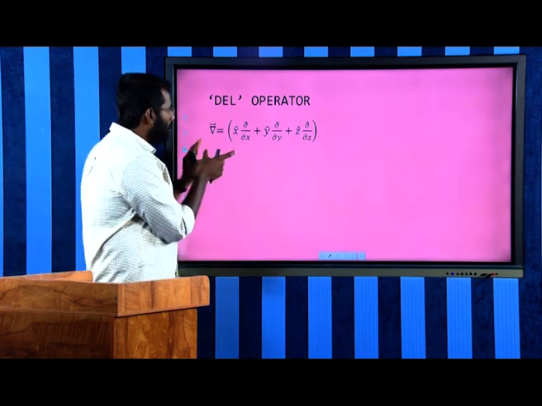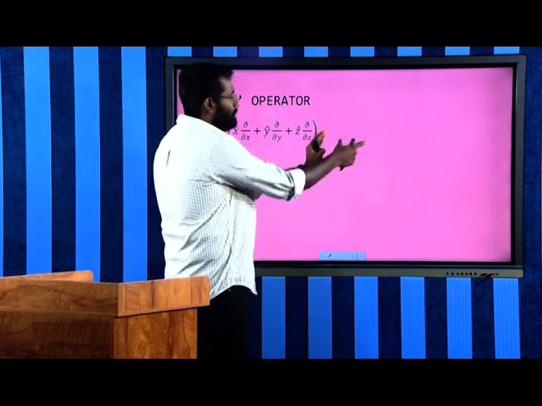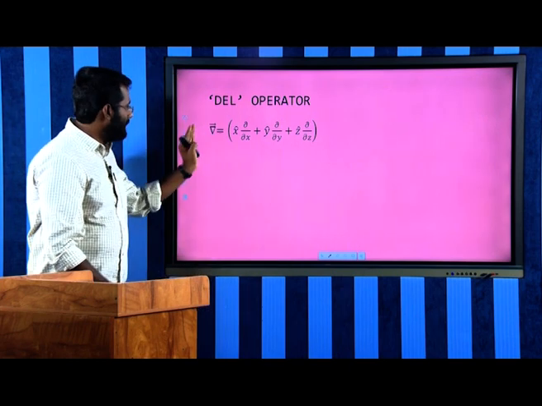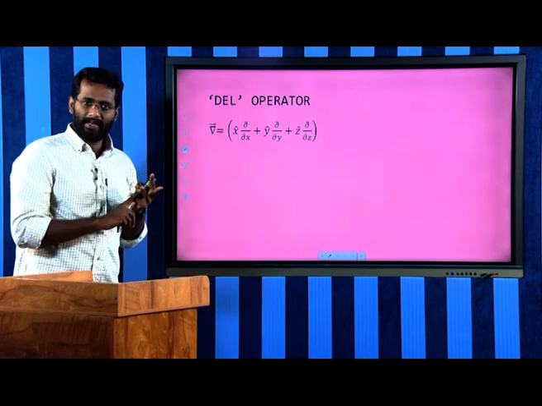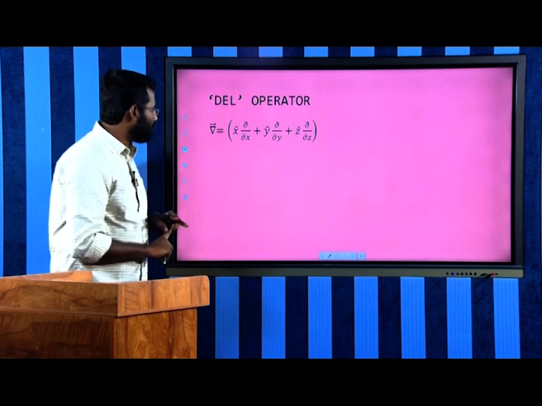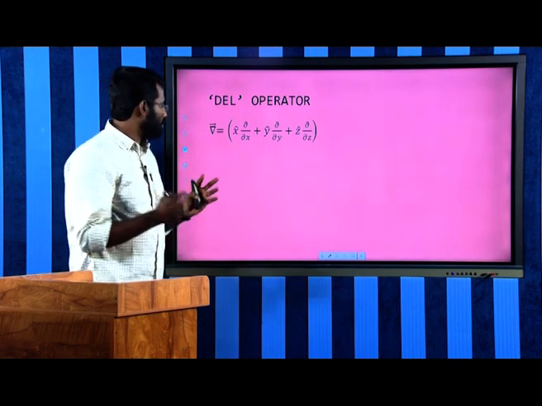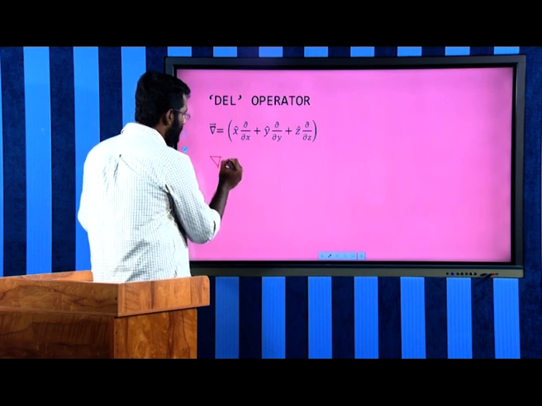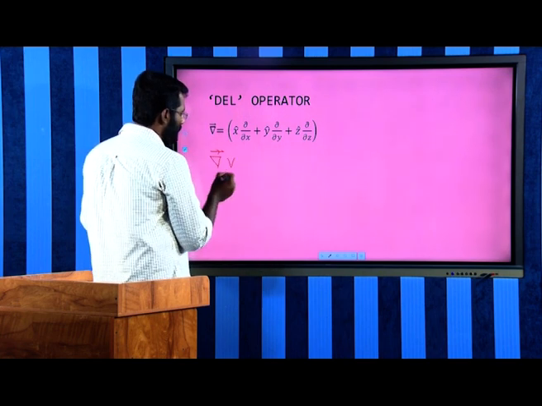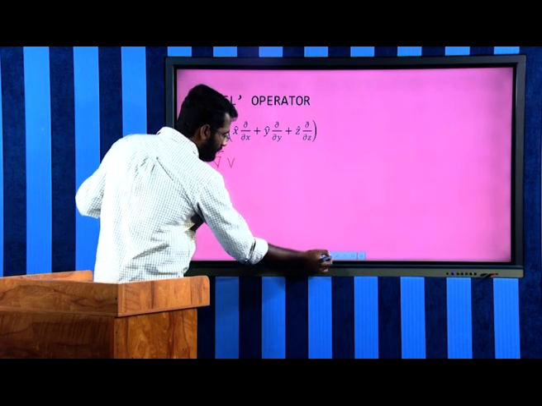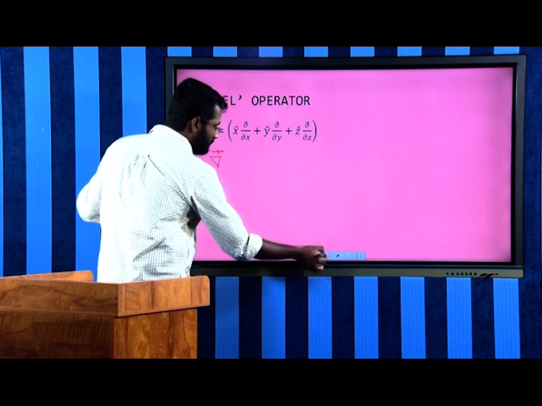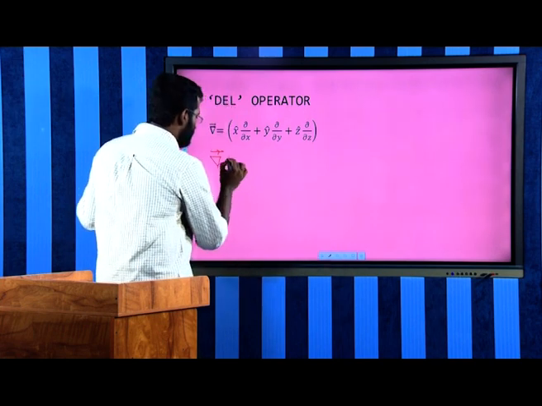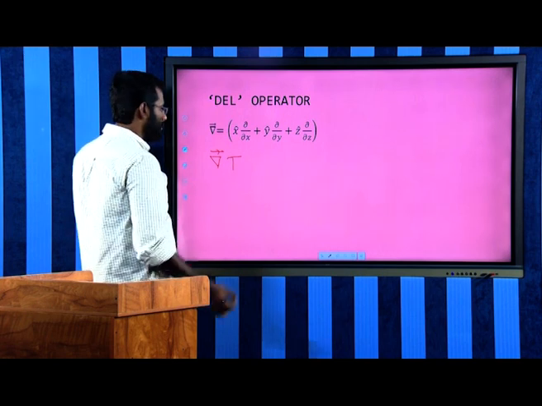It has meaning only when it gets something to act upon. So it can act on a scalar field, and it can act on a vector field in two ways. So it can act on a scalar field, let T be a scalar field.